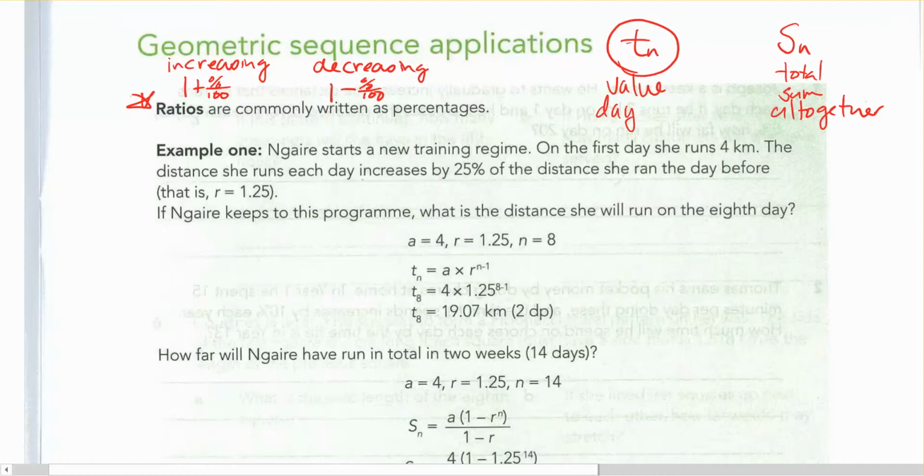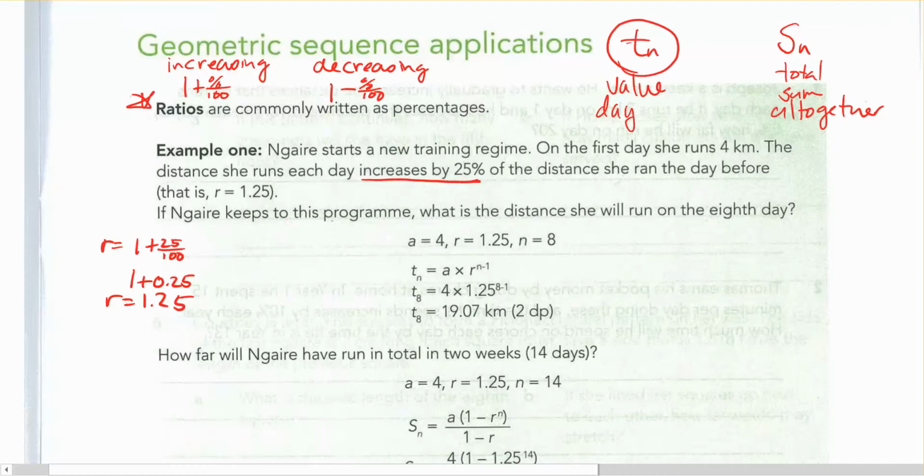So as the situation is here, I'm increasing by 25%. So R is going to be equal to 1 plus 25 over 100. Or if you are good at converting percentages directly to decimals in your head, that's 1.25. You can just write it out without doing the calculation.